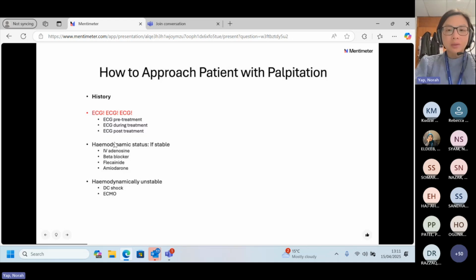And it's also important to document the ECG during administration of the treatment. The main reason is that sometimes it can help us in a tertiary center to figure out what type of tachyarrhythmia we are dealing with.